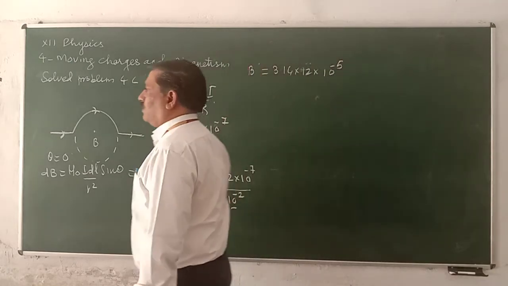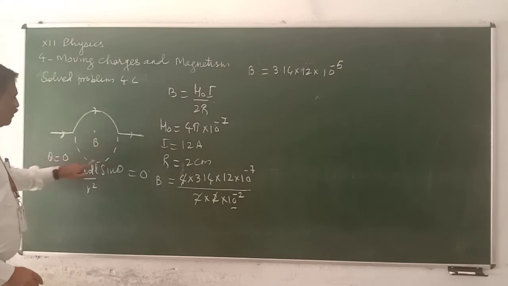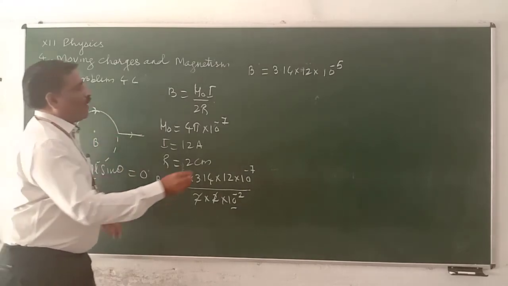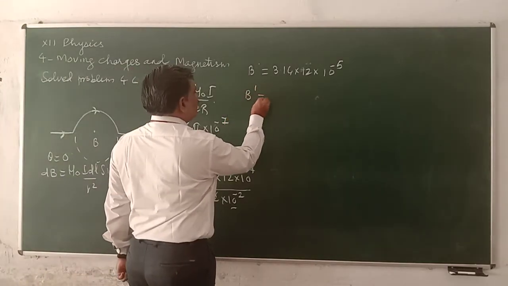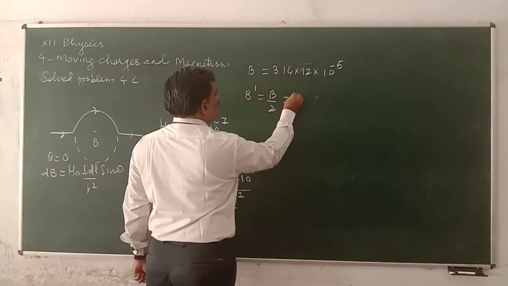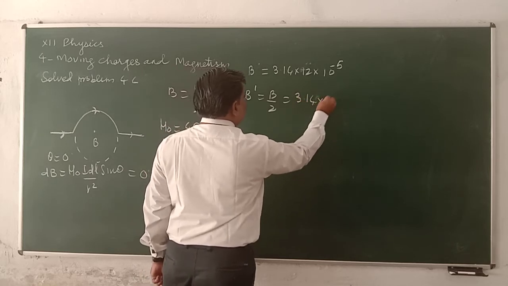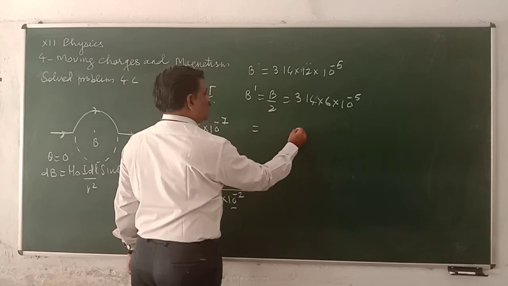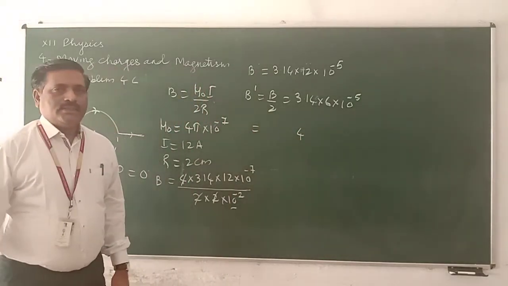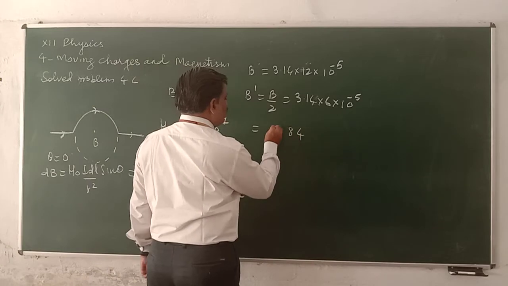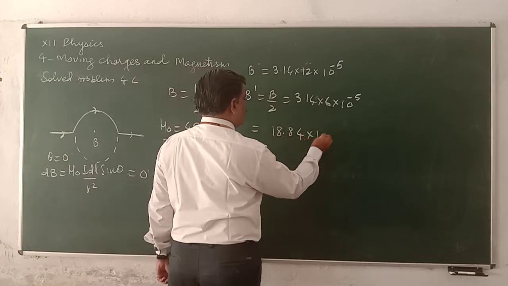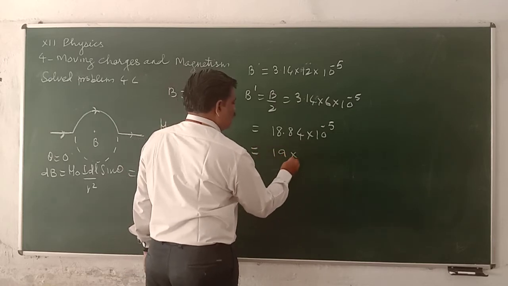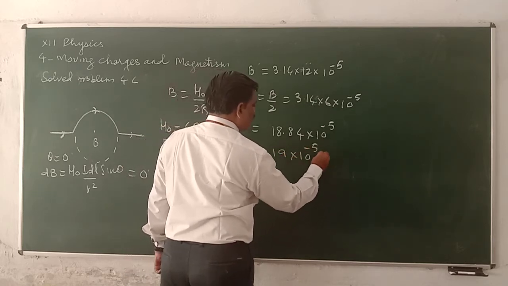But this one is because of a complete circle. We only consider half circle. So actual B prime is equal to B by 2, which is 18 into 10 raised to power minus 5, approximately 19 into 10 raised to power minus 5 Tesla.